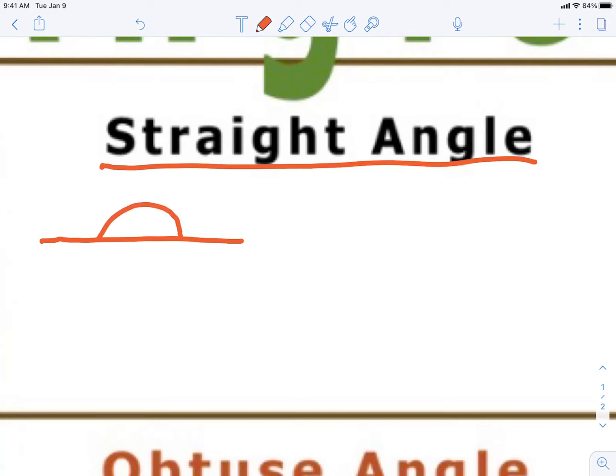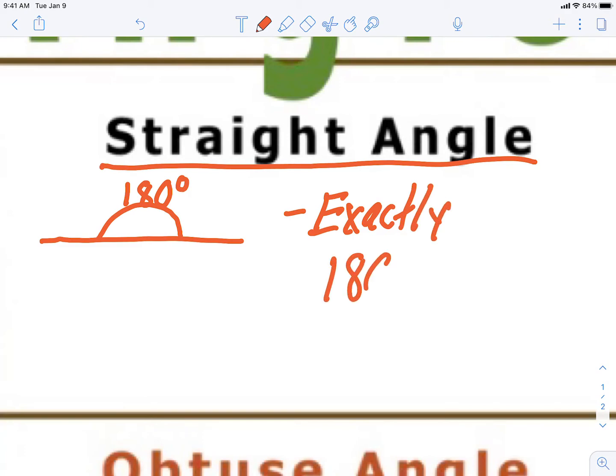Kind of looks like a sunset, or a sunrise, depending on how you see it. That is a straight angle. And a straight angle, guys, is 180 degrees. It is exactly 180 degrees.